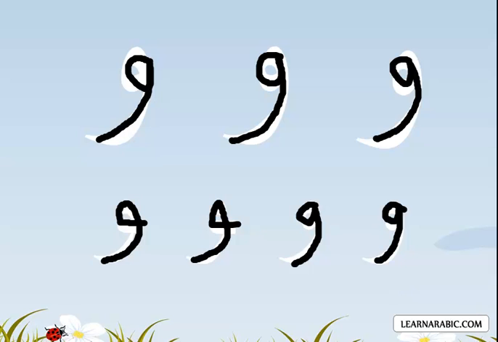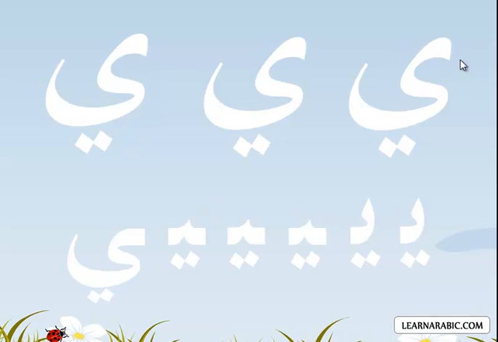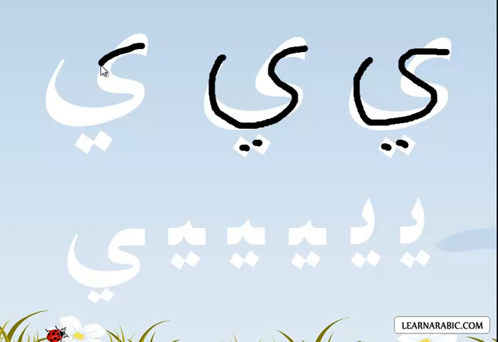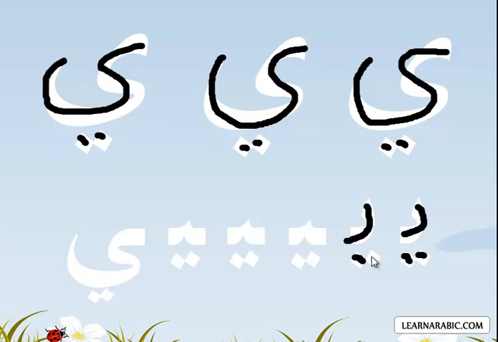And then finally we come to the letter ya, and this is written like this with two dots at the bottom. And as part of a word we see it is like this with two dots at the bottom, and then in the middle two dots at the bottom.